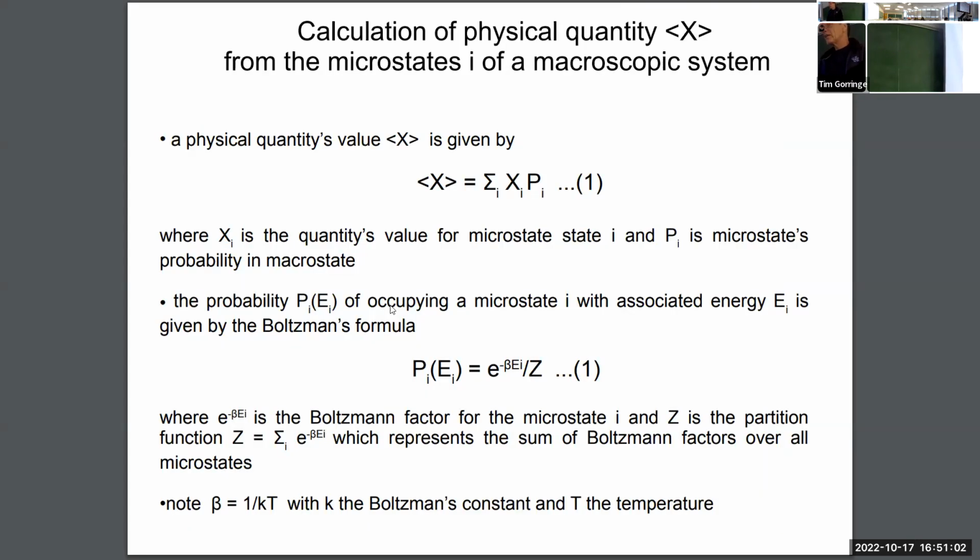Okay, so we need a procedure for calculating observables of a macroscopic system like the gas from the knowledge of the microscopic states of the gas. In this case, we're calculating an observable that's the internal energy. And again, we're going to be calculating it for this macroscopic sample of gas based on our understanding of the microscopic states of the atoms and molecules in the gas.